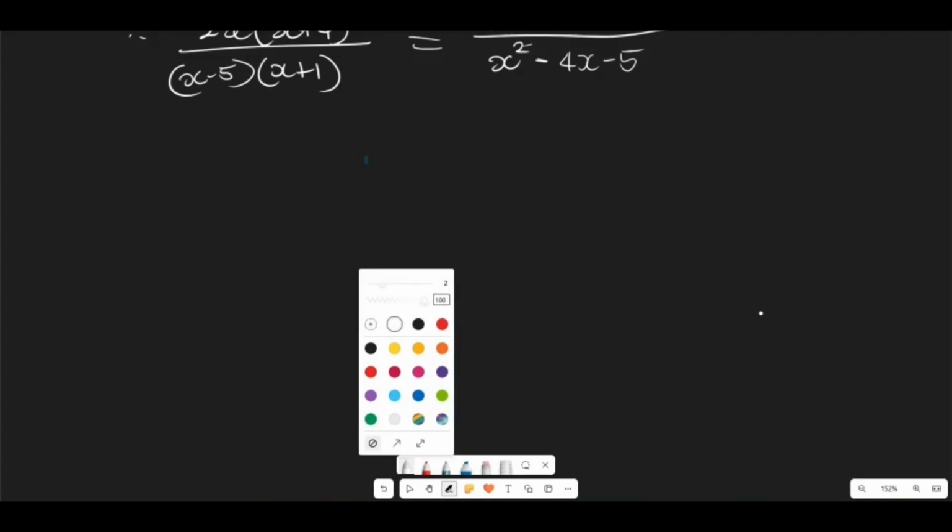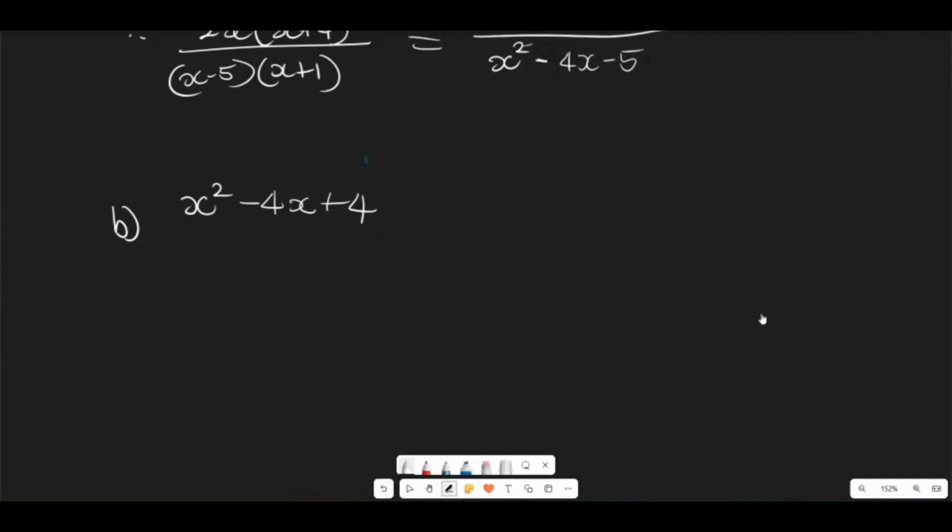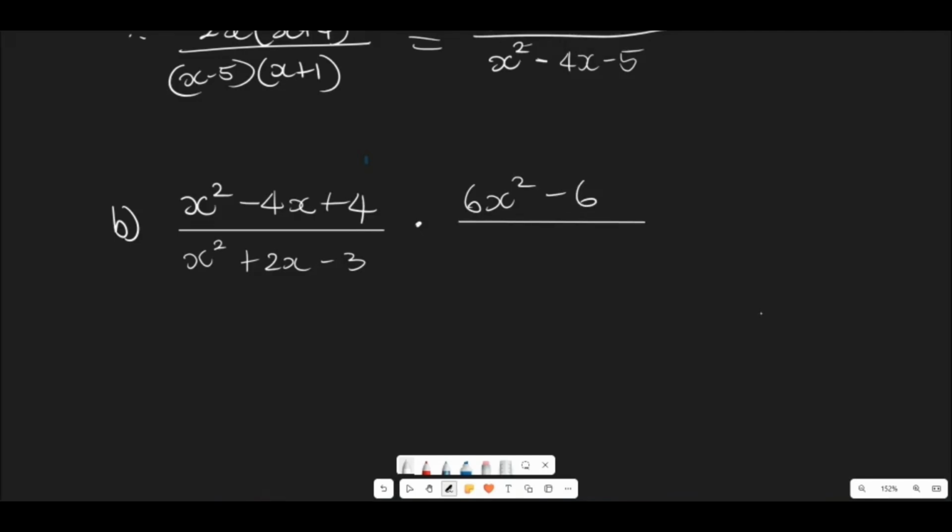So this example basically says if we have x squared minus 4x plus 4 divided by x squared plus 2x minus 3, and this is multiplied by 6x squared minus 6 divided by x squared plus 2x minus 8.